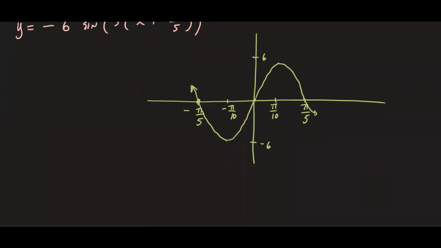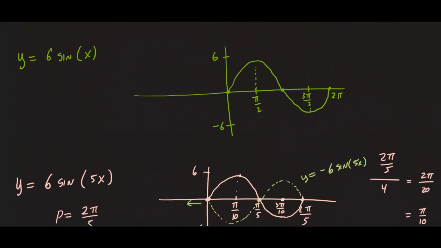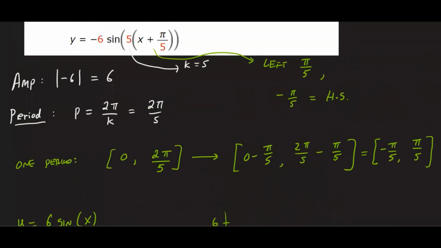So now you can tell that one cycle is right here. This is 1 period of this function, which is on the interval negative pi over 5 to pi over 5. So that matches with our answer in the beginning when we said that the function will complete 1 period on this interval.